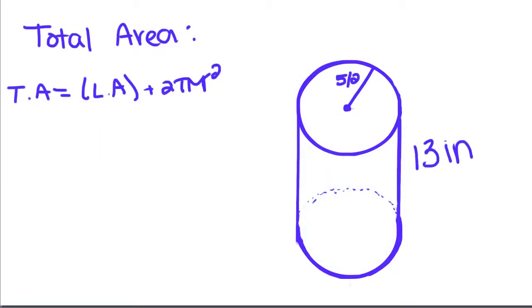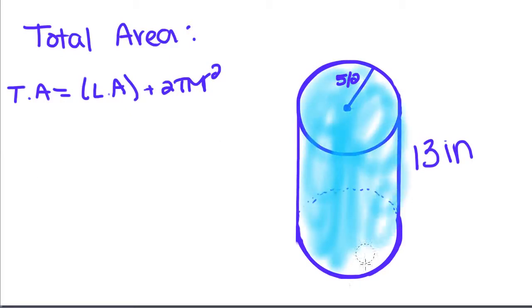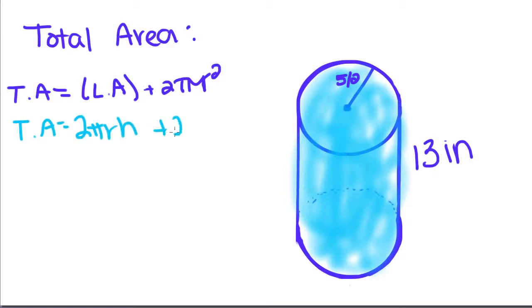Alright, now we have one last thing we're going to learn. It's total area. And when we find the total area of a cylinder, we are finding the surface area of this entire can. We're finding all of this. That's why when we find our total area, we take our lateral area, which is 2 pi r h, plus 2 pi r squared.